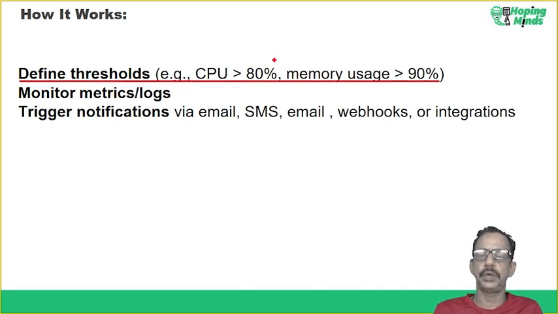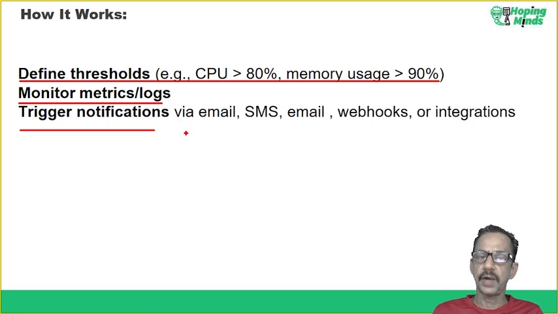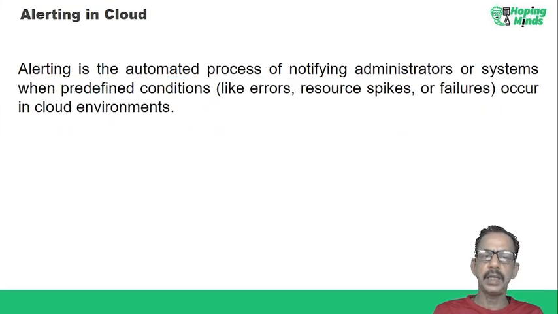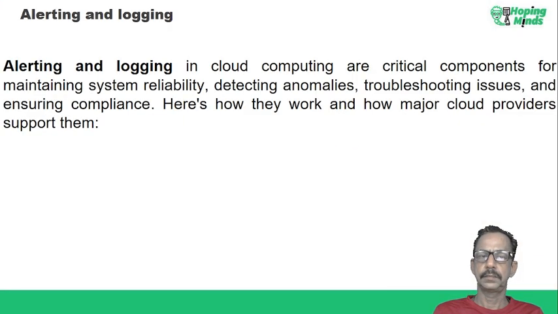Practically I will show you in the console in the same video how we can set those alerts, monitoring metrics and logs, and trigger notification if something happens in the network, via email, via SMS, via webhook, or via any integrated tool for alerting purposes.